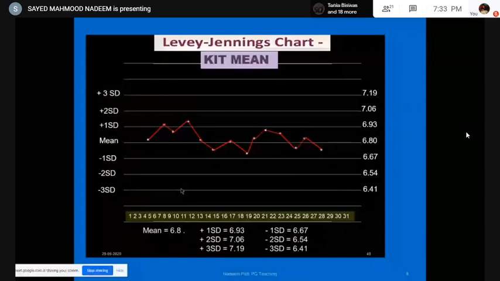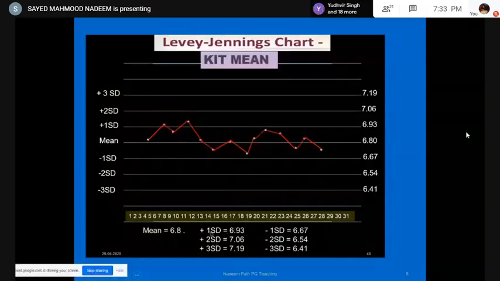and we showed you how a kit mean is derived and how we plot the kit mean on an LJ chart with the mean and 1 SD, 2 SD, 3 SD tolerance.